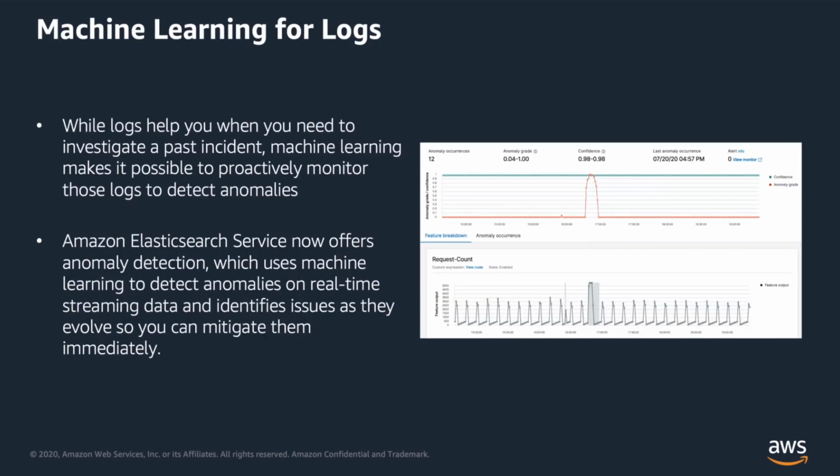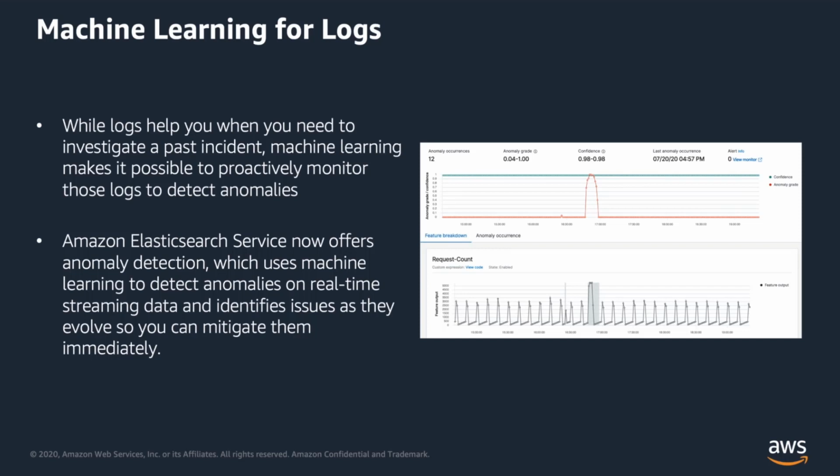Now, let's talk about machine learning in the context of logs. So, a typical centralized logging infrastructure like what we saw earlier lends very well to your needs around investigating past incidents, because all the data is in there and you're able to query that data to figure out what happened.